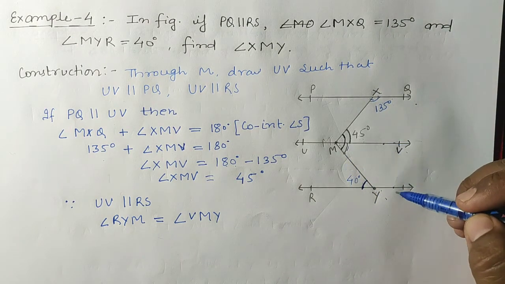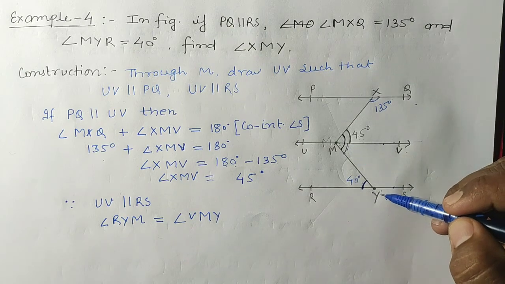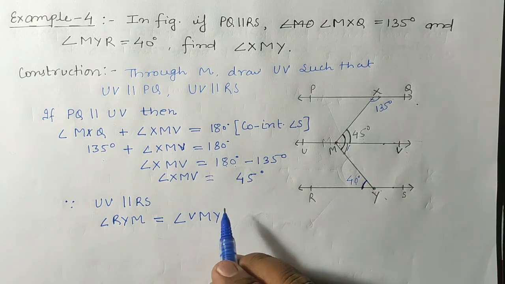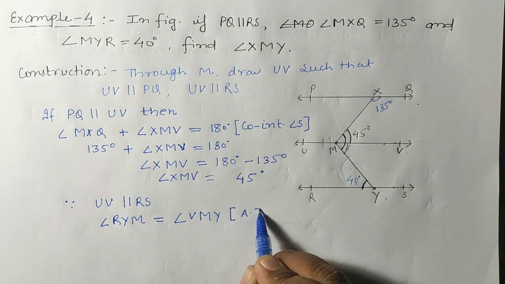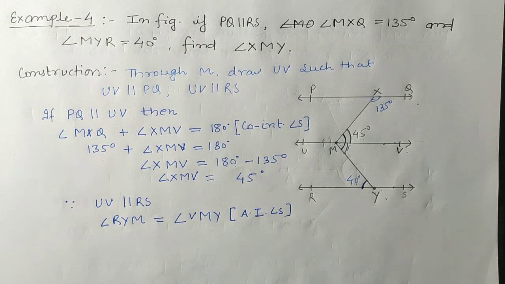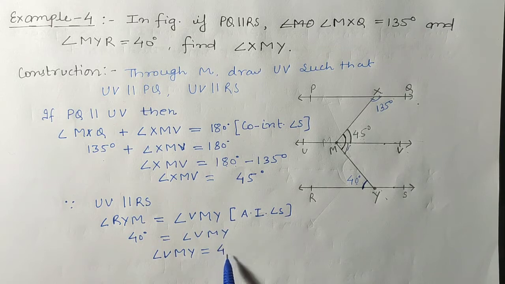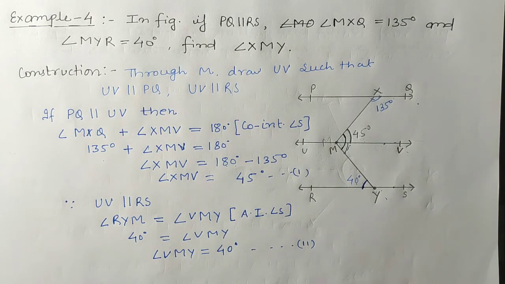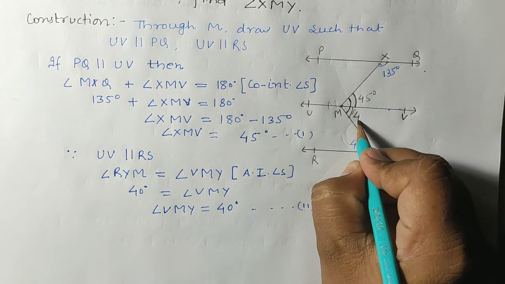These two lines are parallel, MY is a transversal, so the reason is alternate interior angles. So RYM is 40 degrees, and the value of angle VMY is 40 degrees. Suppose this is second and this is first. In the figure this angle is 40 degrees.